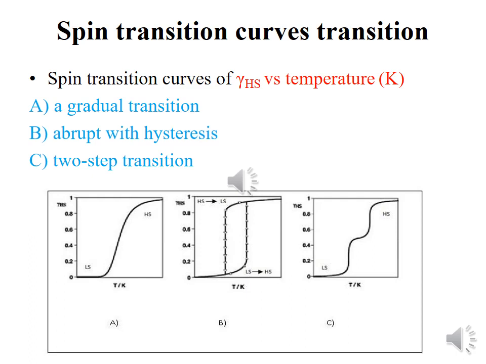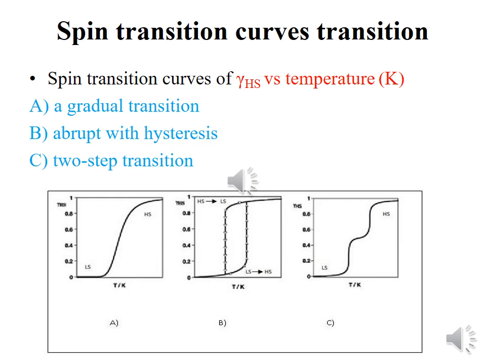In these curves we take temperature on the x-axis and the high spin molar fraction on the y-axis. These curves show us how the effect of the stimulus changes the complex from the low spin state to the high spin state.